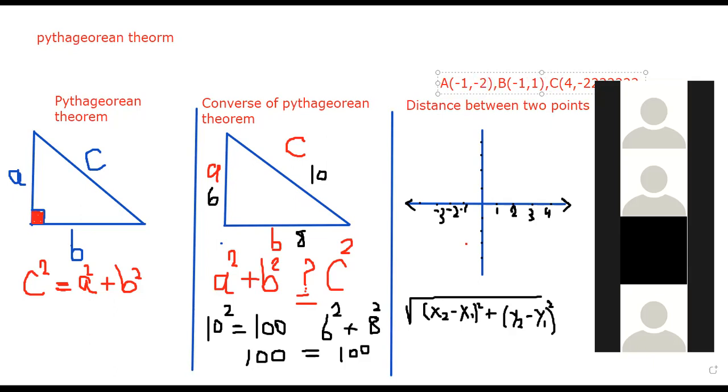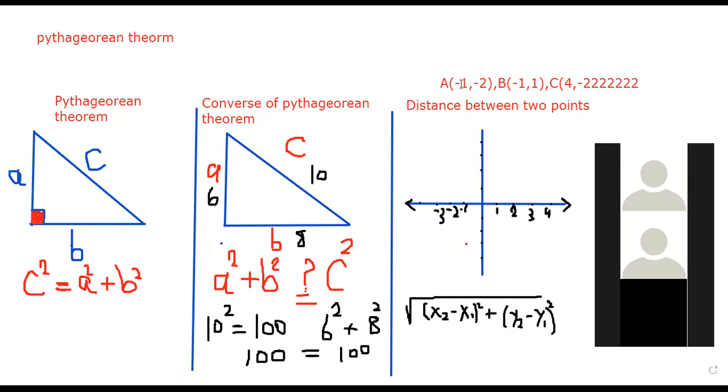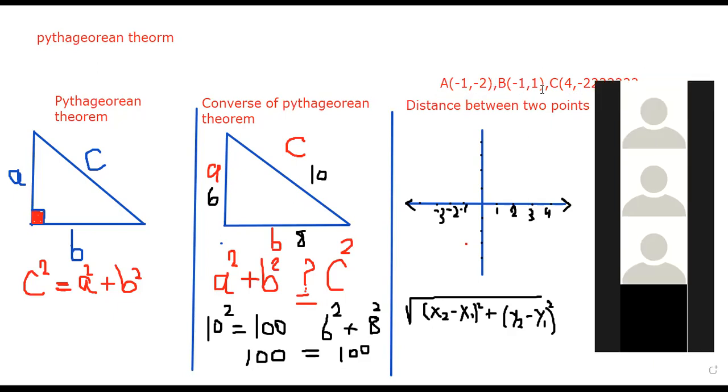Okay, so in this question, we want to find the length of the hypotenuse. What do we have to do at the beginning, grade 8? Plot the points, exactly. A (-1, -2), B (-1, 1), C (4, -2).